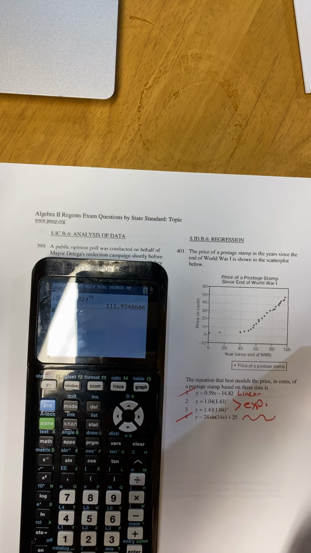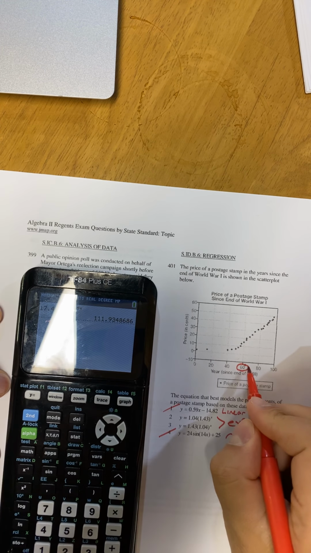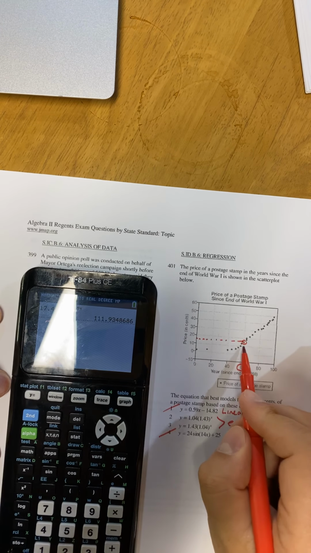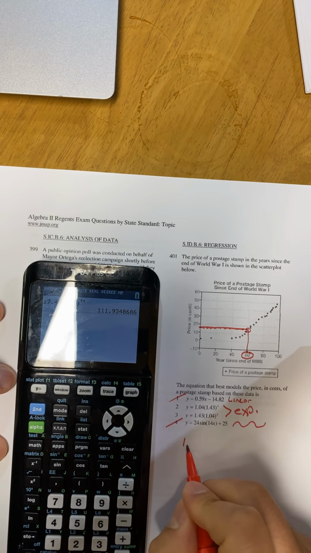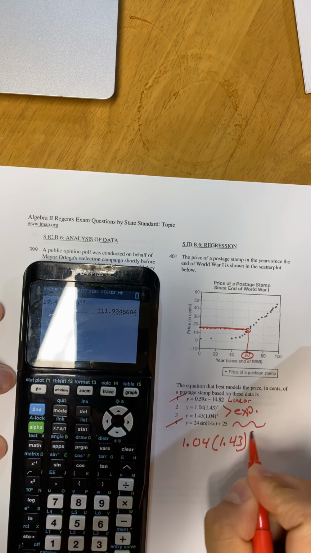Well, which one is it? So what I would do is plug in that value and see if it kind of gives me this. So plug in 60 for x.